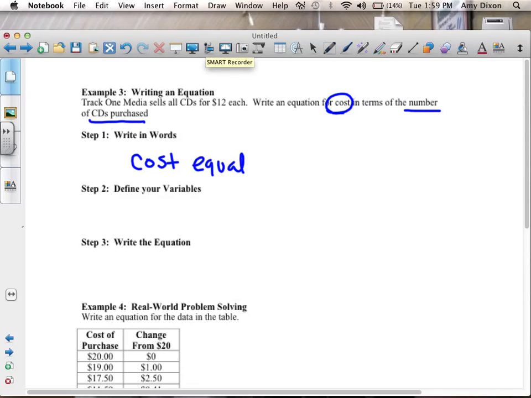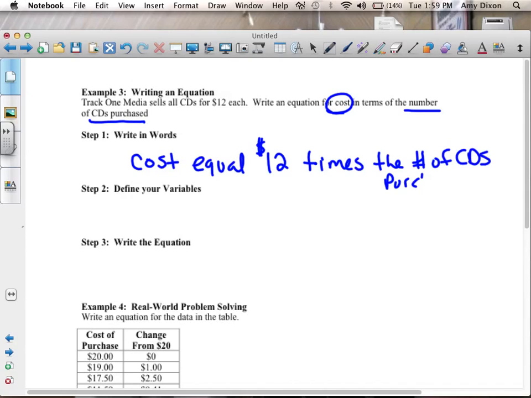But we know each CD is $12. So cost would equal $12 times the number of CDs purchased. So that's how we would write it in words.